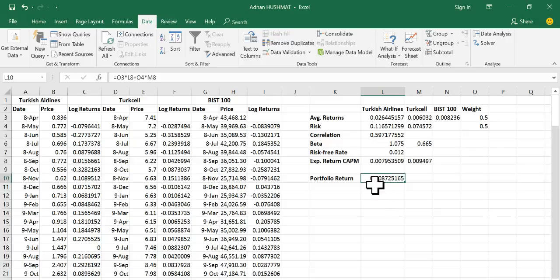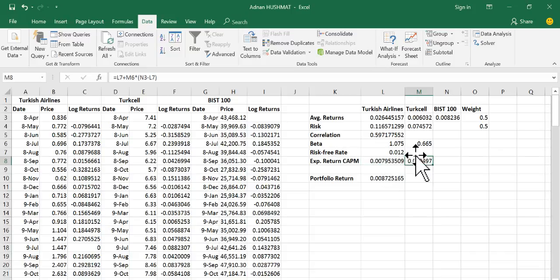So this is the return on the portfolio that you make if you combine these two stocks. This is the expected return on this portfolio, using the CAPM expected returns. If you invest in Turkish Airlines, your expected return is 0.0079.